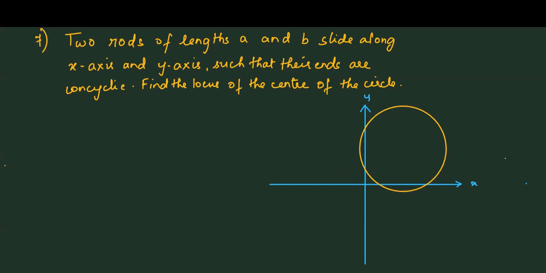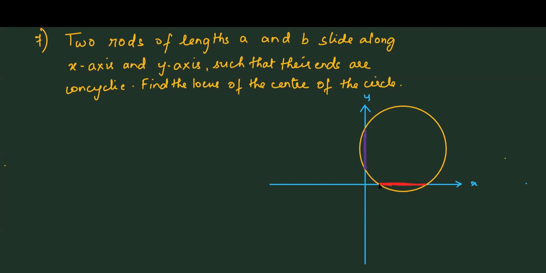The two rods, say one in red, this is the first rod, it slides along the x-axis, and the second rod slides along the y-axis.